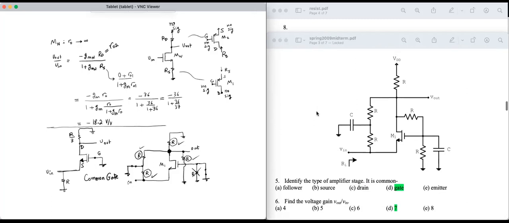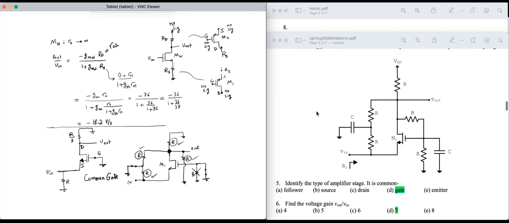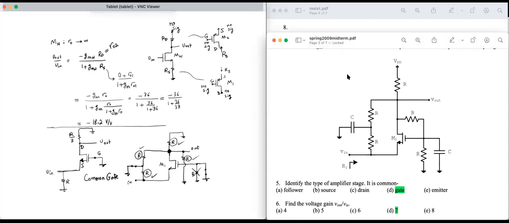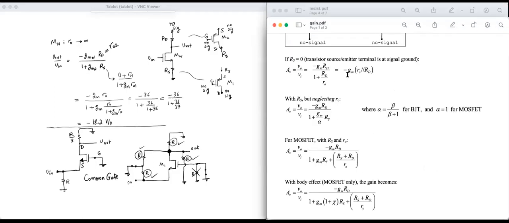Next question. Find the voltage gain, V out over V in. Okay, so I need the voltage gain for a common gate amplifier. All right. Formula sheet for gain. Here it is.